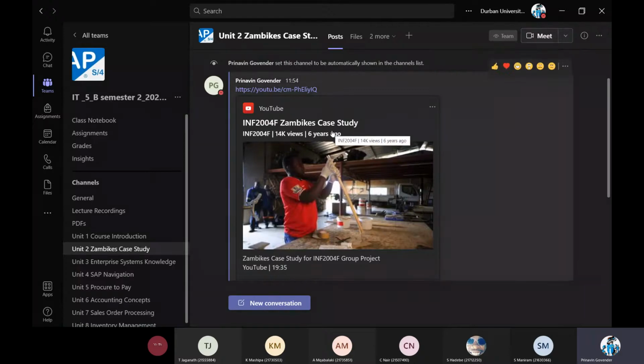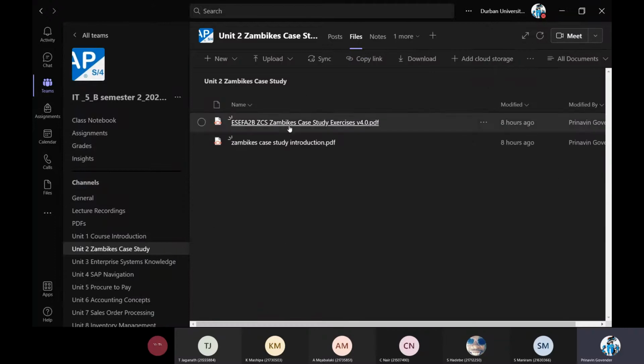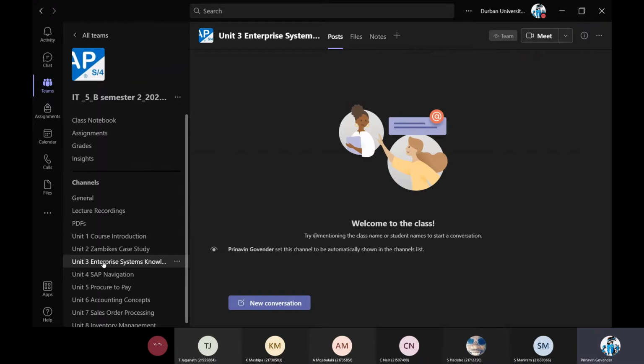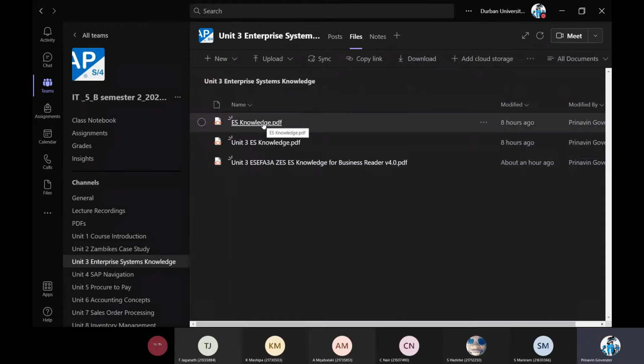If you click on the files folder, you will have the Zambikes case study exercises, the Zambikes introduction, and their business processes. If I look at Unit 3, under the Files tab, you will find Enterprise Systems Knowledge.